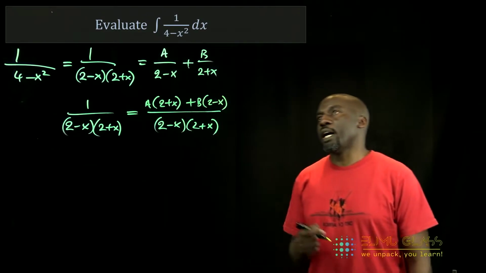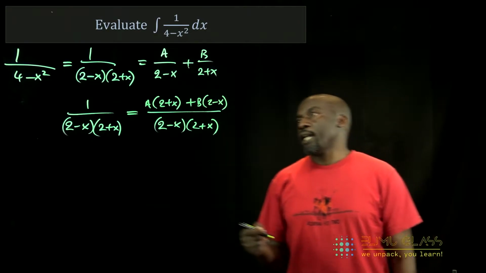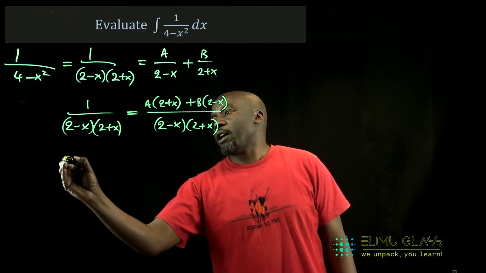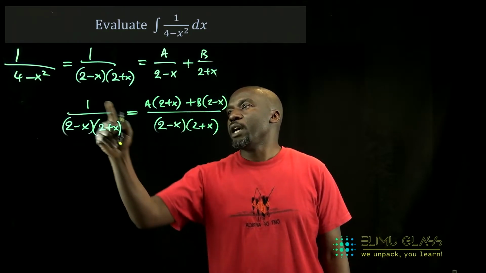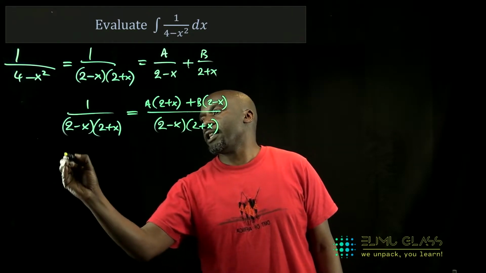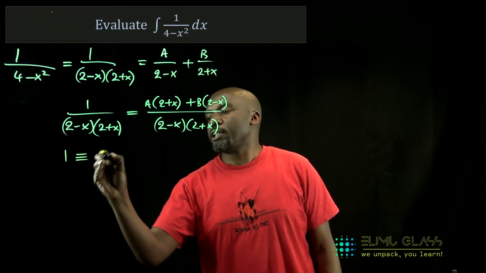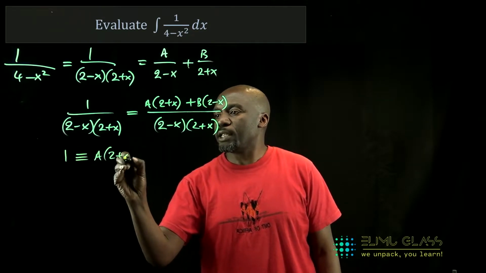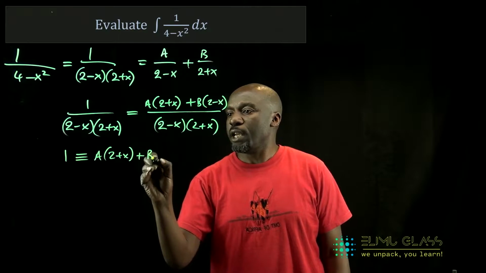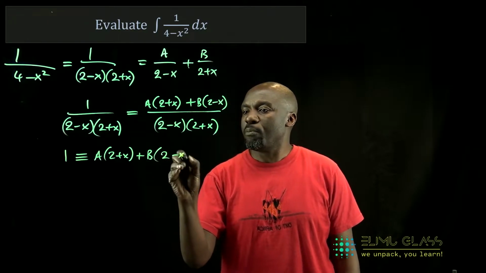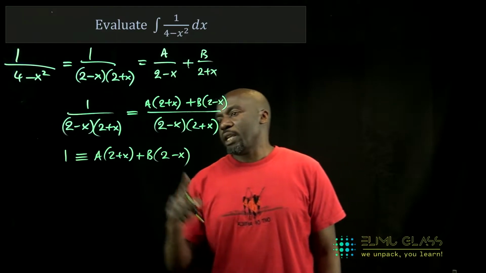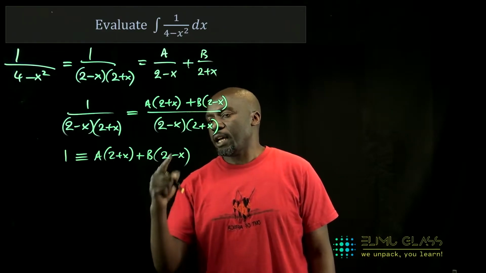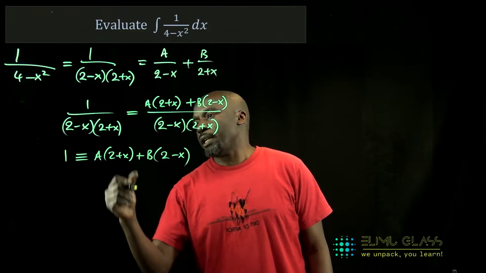Okay, and that means that since the denominators are the same, the numerators can be expressed as 1 is equivalent to a into 2 plus x plus b into 2 minus x, like that. Now to find the values of a and b, I need to eliminate a and b one at a time and find the other.